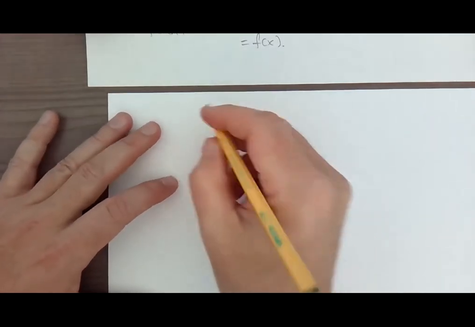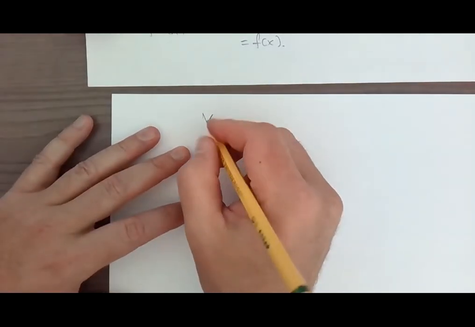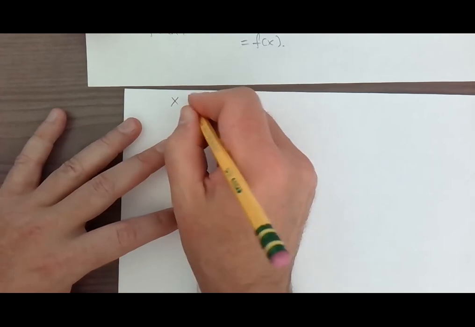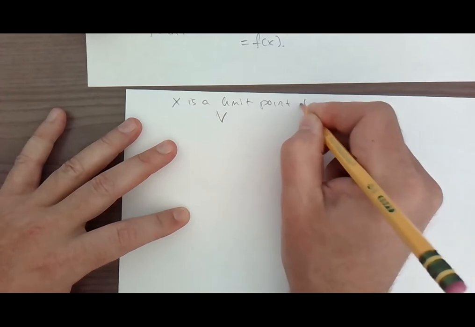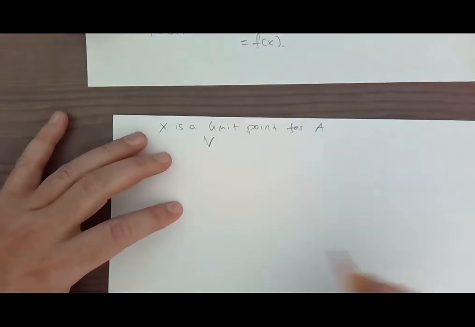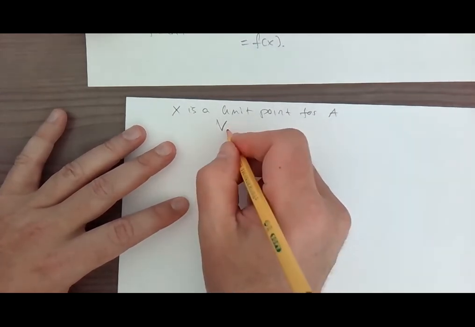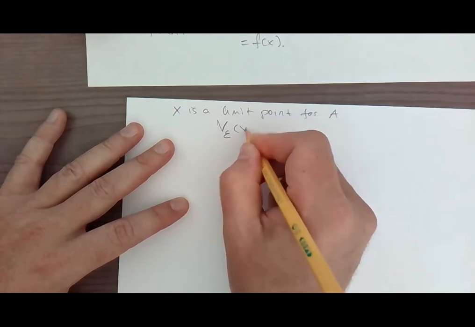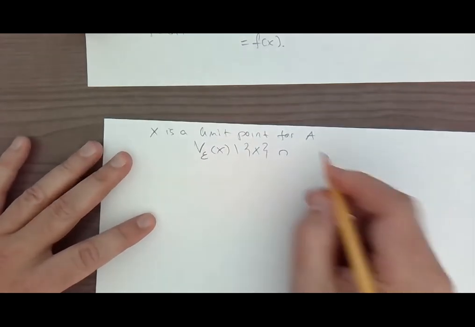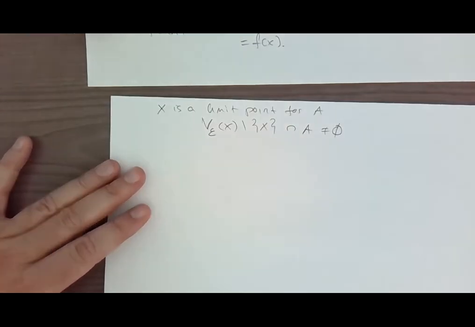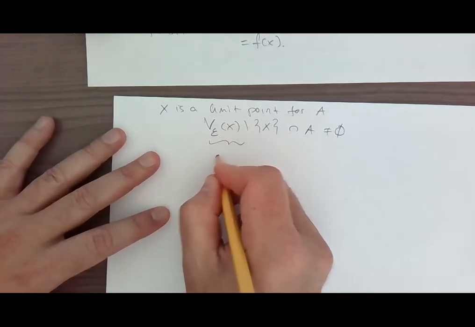The way that we defined a limit point would be to say x is a limit point for A if I would take a little neighborhood here, and then I would intersect with A, and I wouldn't get the empty set.